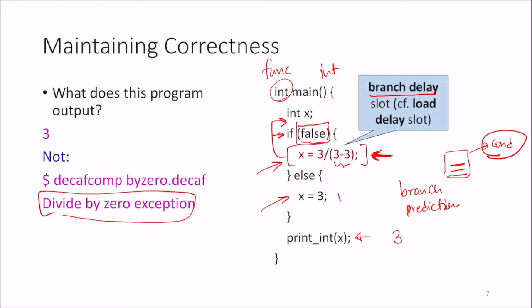And if it picks this one, then you picked correct because it's going to come back as false. And you already have executed the load of 3 into the location X. So branch prediction can help you take advantage of the delay in a conditional statement, and execute some instructions while you're waiting for it to finish.